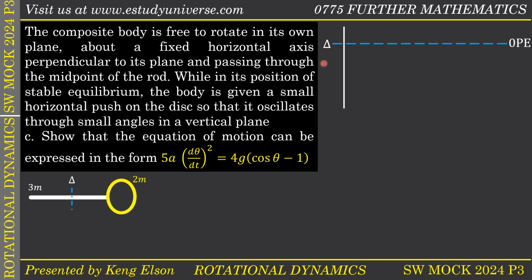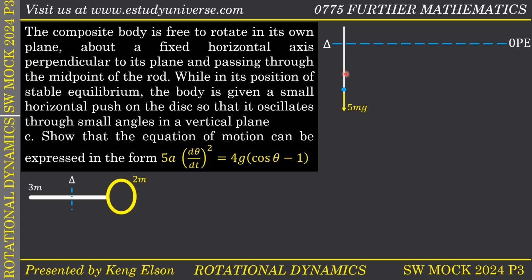So initially the composite body was vertical. Since it is vertical, the weight of the whole body will be concentrated at a certain point. We can put a point here, and the weight is going to be 5mg, because we add 3m to 2m to have 5m as the mass, concentrated at its center of mass, so the weight is 5mg.